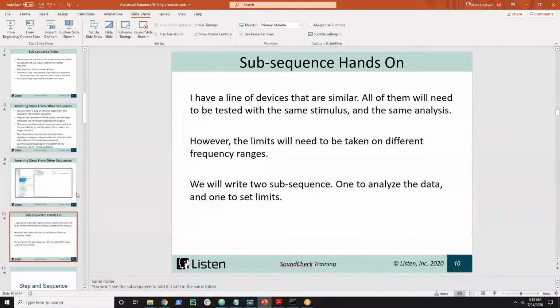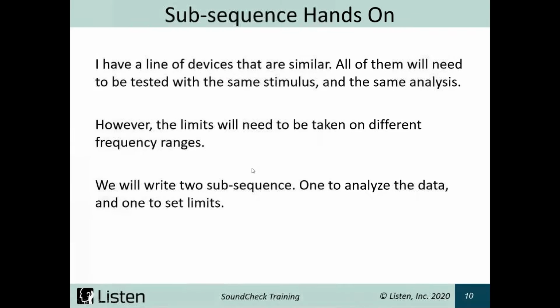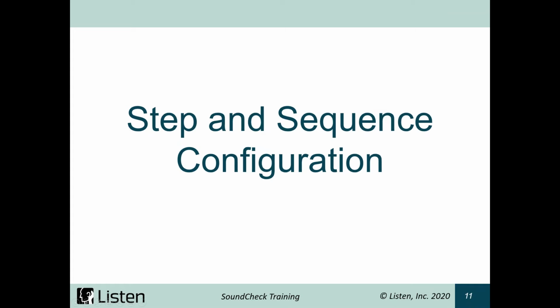The next thing we're going to look at is steps and sequence configuration. This will tie in a lot back to what we were doing before with the subsequences. Some of the step parameters, those come from sequence configuration. But this will contain a lot of different things we can do.